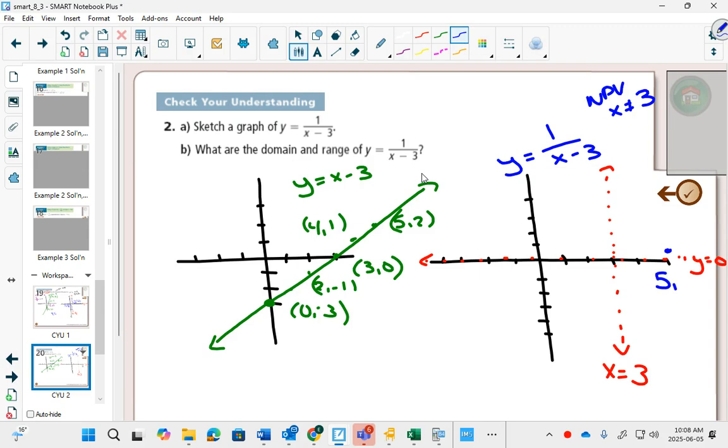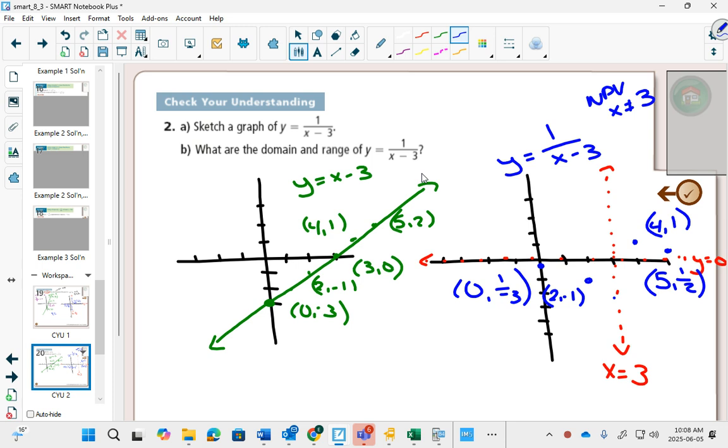Next, I have 5, 2. That point's going to be easy to label. It's 5, 1 over 2. I have 4, 1. That point is easy to label. It's going to stay 4, 1 over 1, which stays 4, 1. I have 2, negative 1. Well, that's going to stay 2, negative 1. And I have 0, negative 3. That's going to become 0, 1 over negative 3.